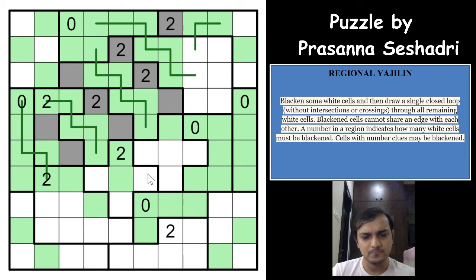Okay, so I'll just unshade this cell, right? All the cells adjacent to the black cells will be unshaded here.